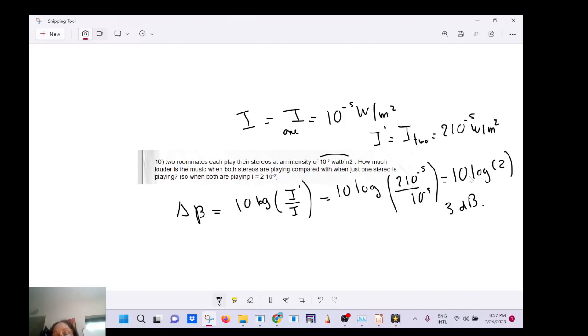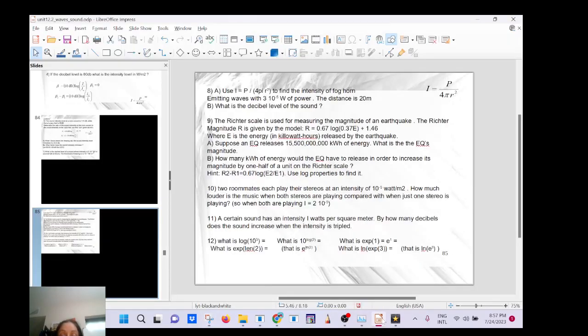Actually, I didn't have to do those computations, because remember, when the intensity is multiplied by 2, the difference in decibel is 3.